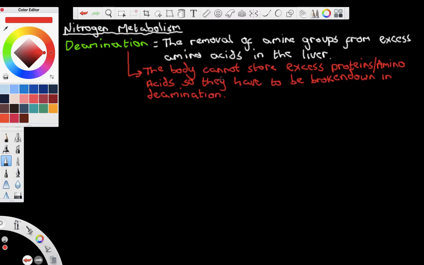Okay? Now, when this amine group is removed from an amino acid, it forms ammonia. Okay?